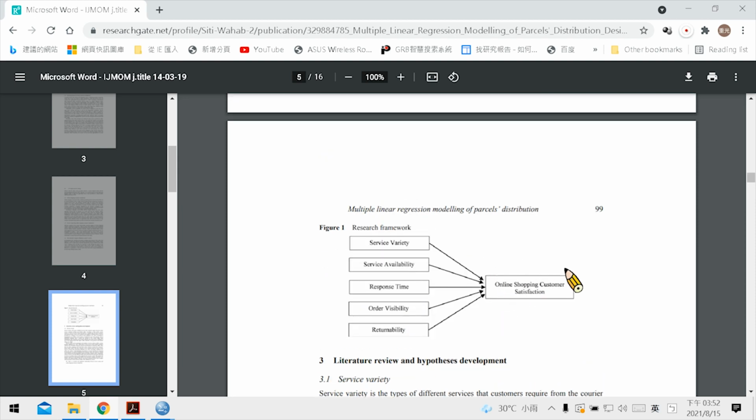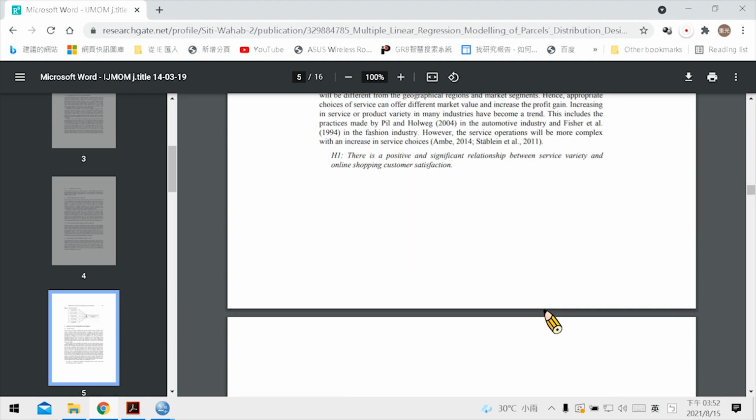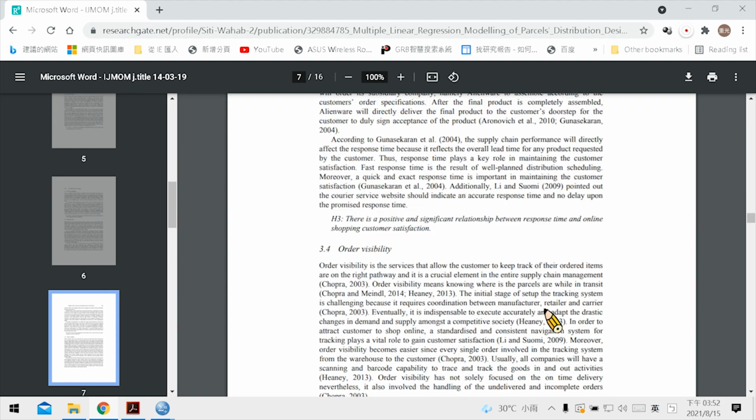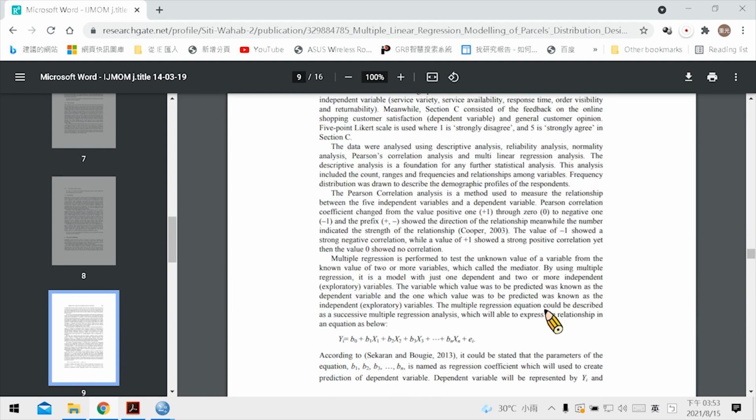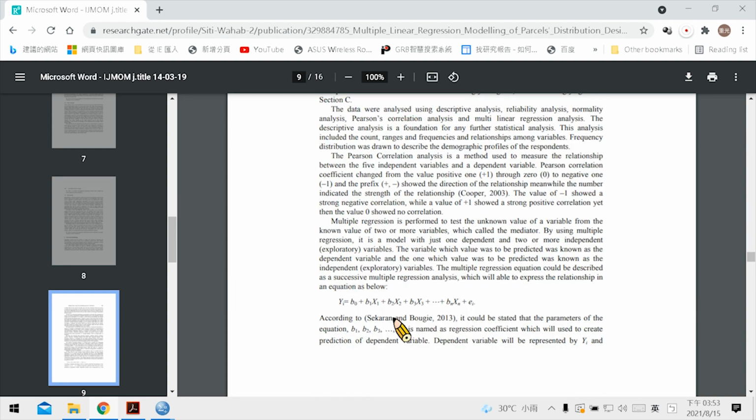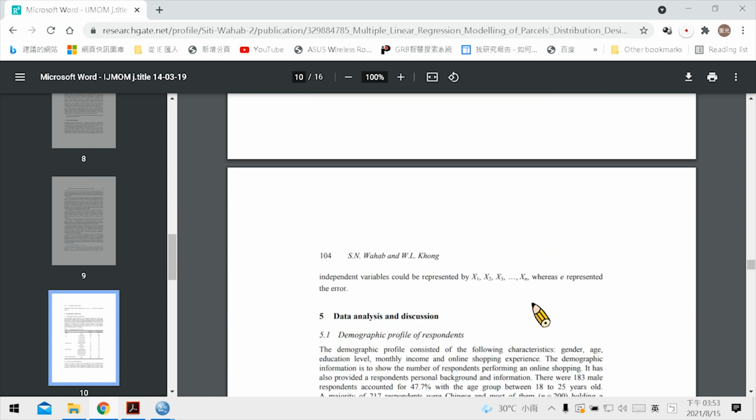The dependent variable is online shopping customer certification, and the independent variables are service variety, service availability, response time, order variety, and returnability. So the hypothesis, and in here you can see the linear regression formula.